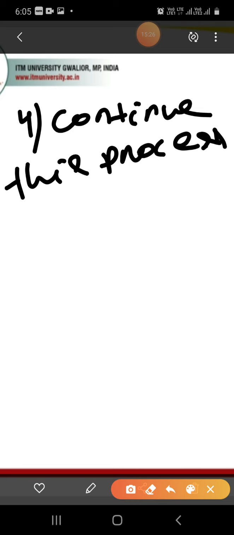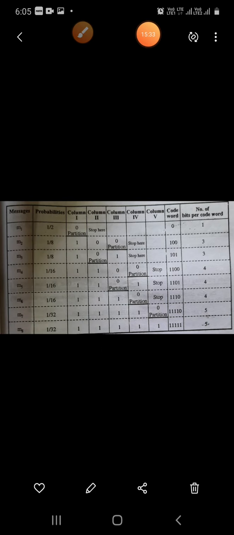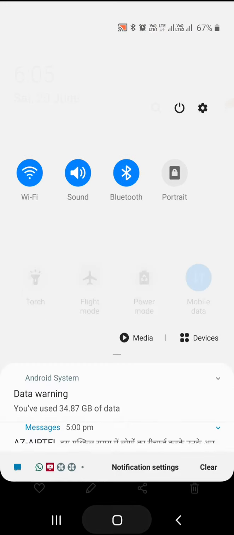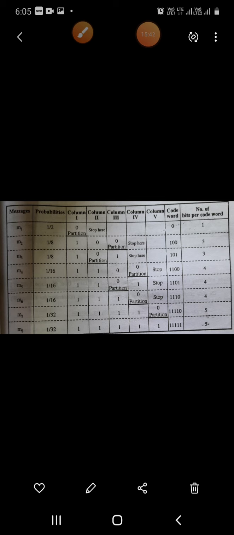So now I want to show you the table. So this is the table. This is an example to demonstrate application of the Shannon-Fano algorithm.